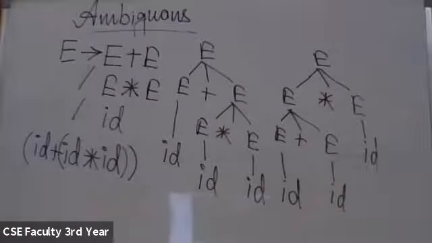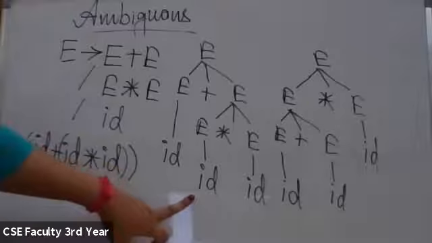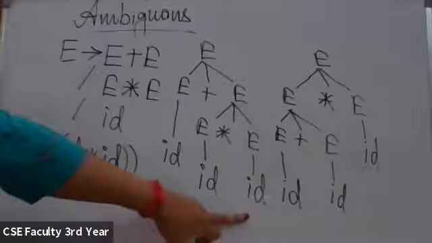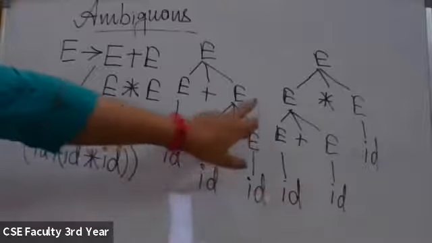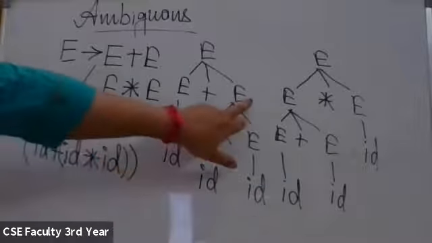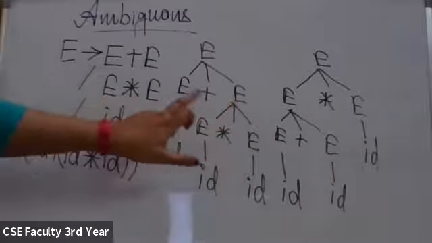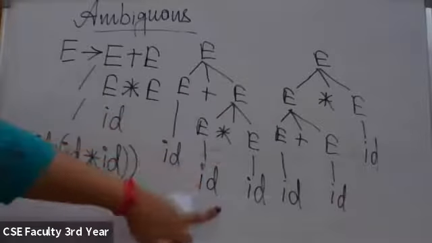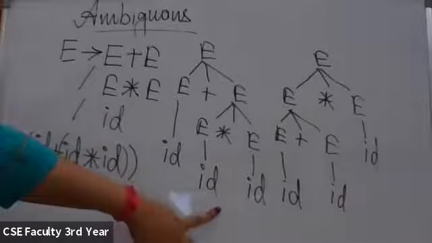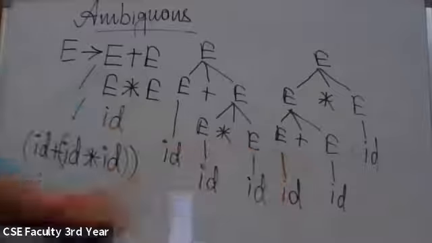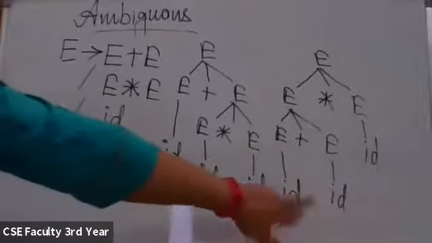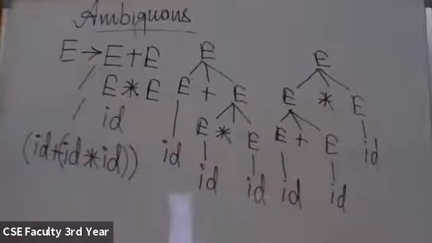But in this case, if I go with this parse tree, then it will give me the correct result. First multiplication will take place and the result will be stored in this particular E, and then this E and this E will be added. That means multiplication first and addition later. And in the other parse tree, addition will take place first, followed by multiplication.